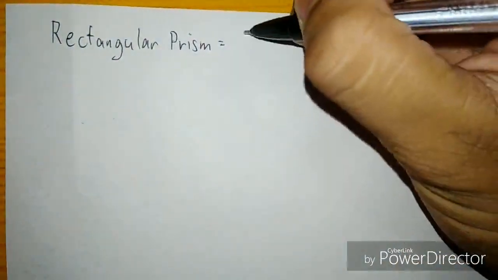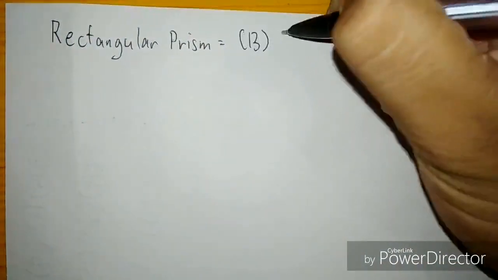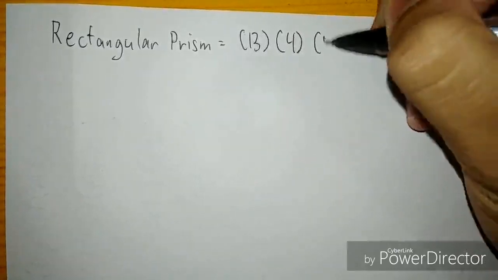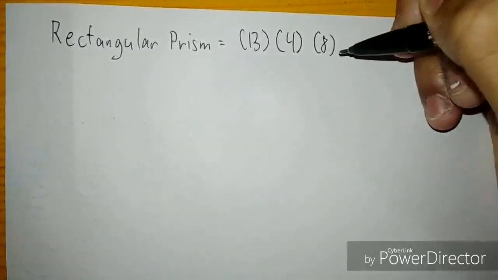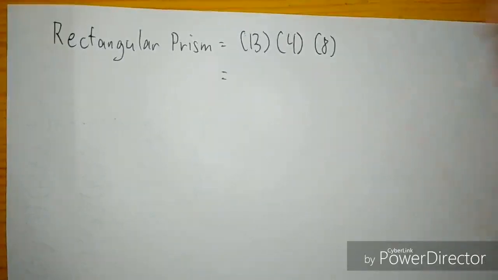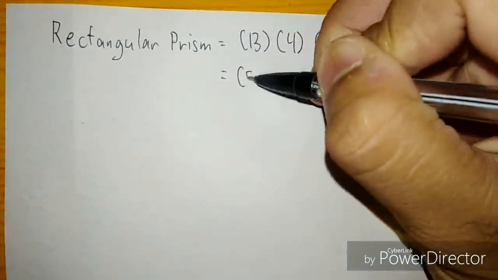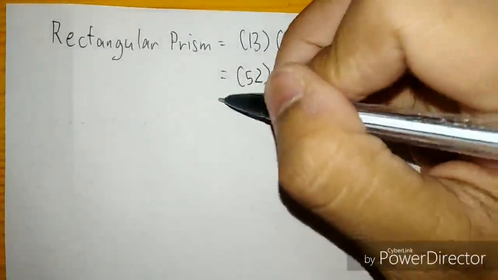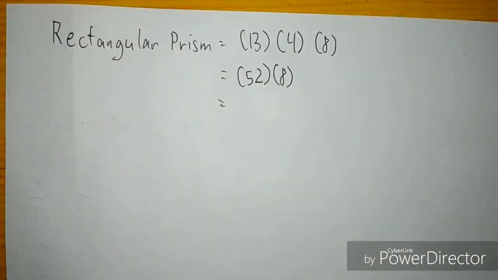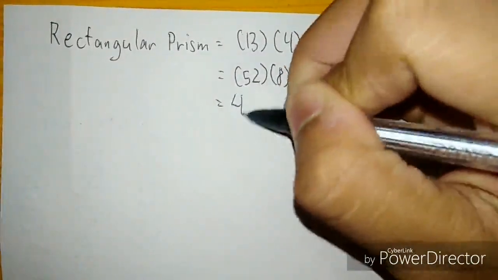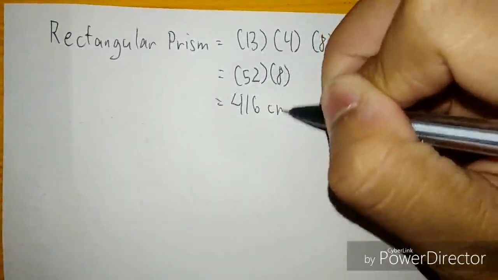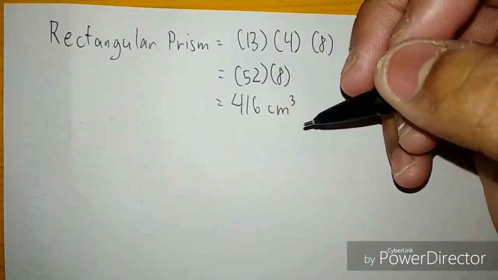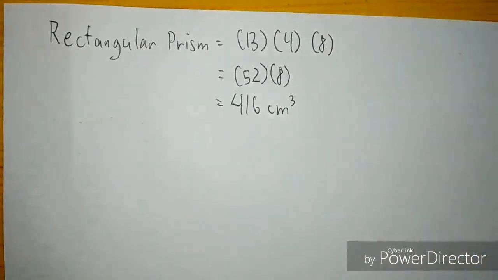The length, which is 13 centimeters, the width is 4, and the height is 8. 13 times 4 is 52, multiplied to 8. And thus we'll get the result of 416 cubic centimeters. And 416 cubic centimeters is the volume of the rectangular prism given.